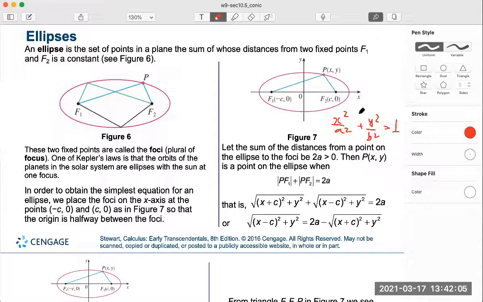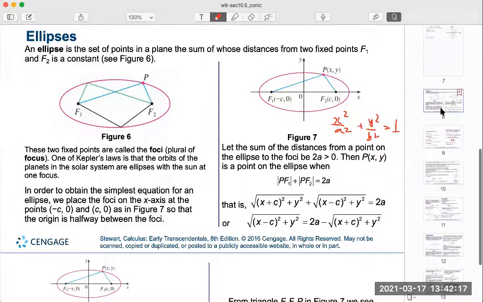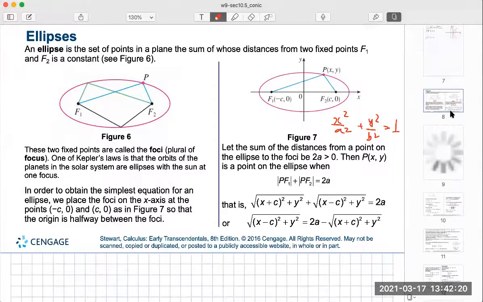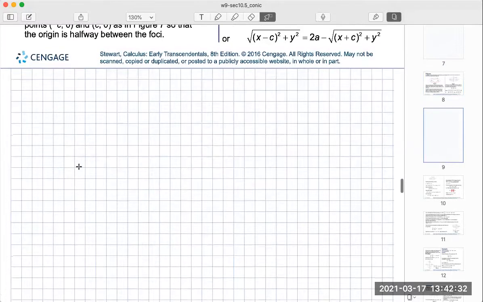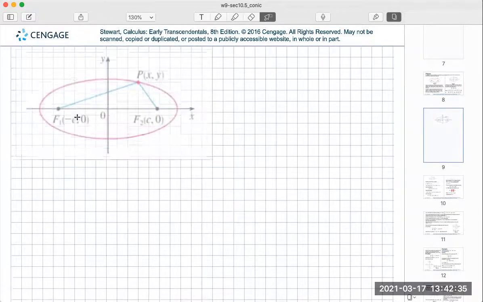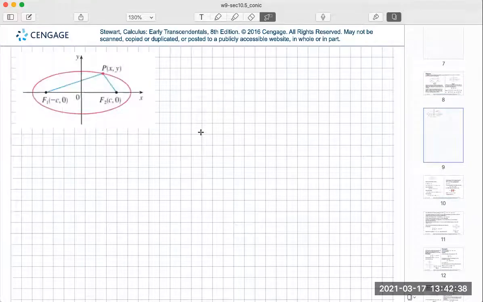And suppose a is larger than b. The equation of this is x squared over a squared plus y squared over b squared is equal to 1.